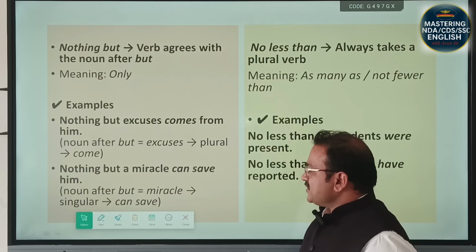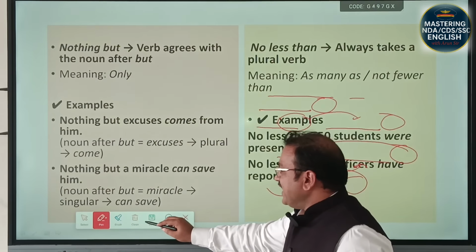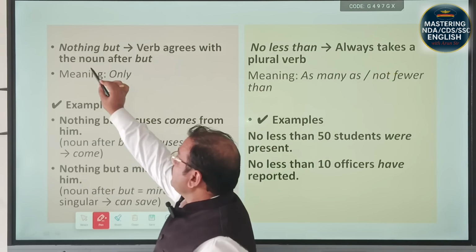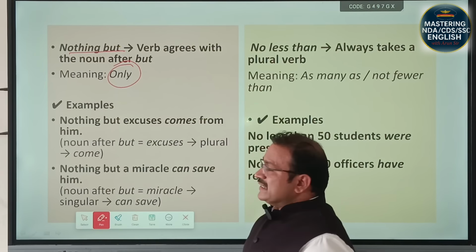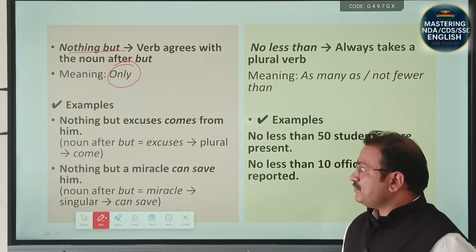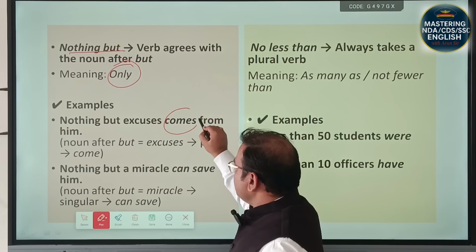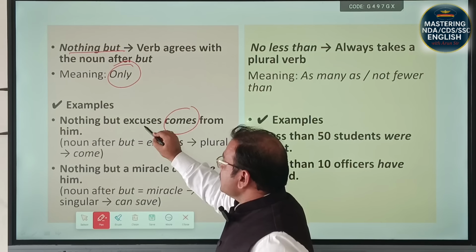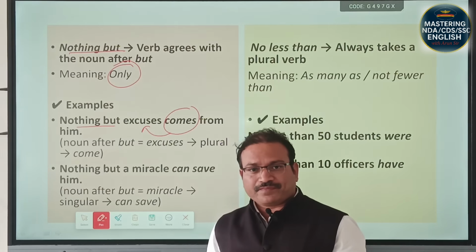Now the next rule, which is very important, expression like nothing but. Nothing but means only. When a sentence begins with this expression nothing but, then the verb agrees with the subject which follows this expression.